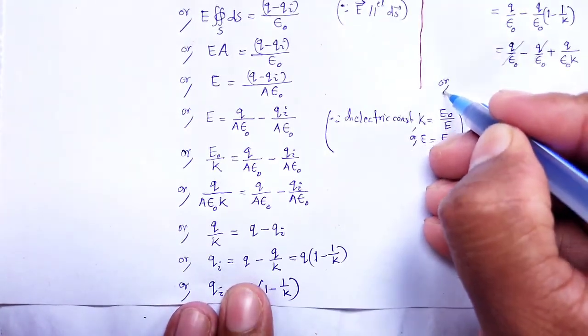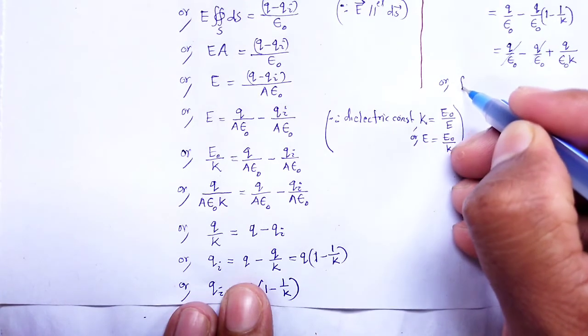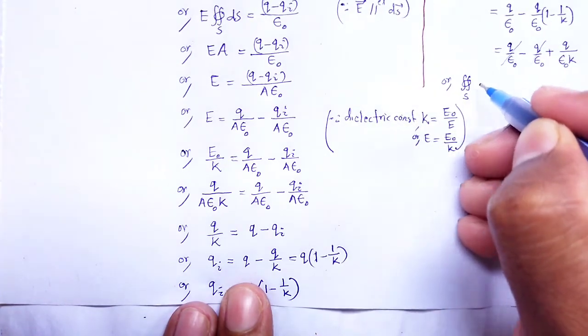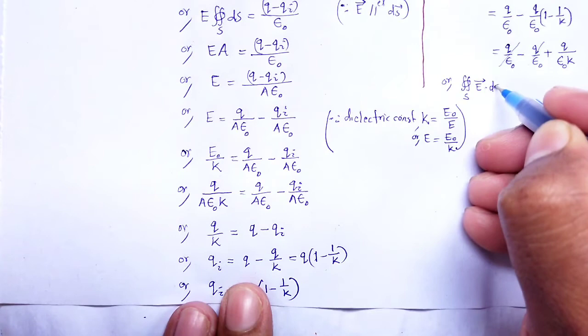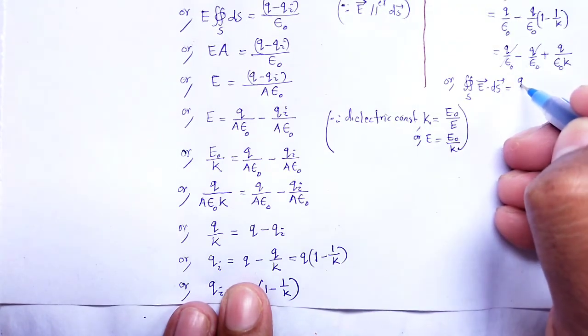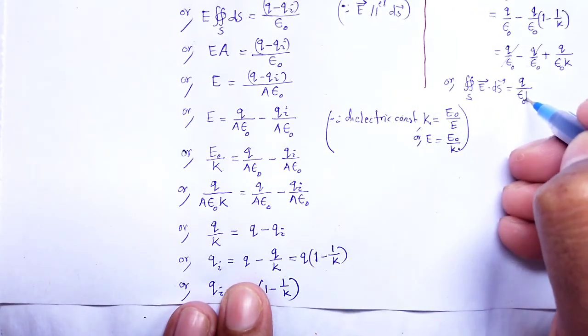So we have closed surface integration over S of E dot ds is equal to Q divided by epsilon naught into K.